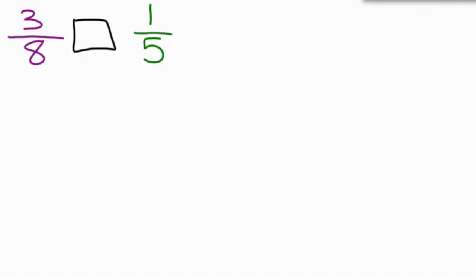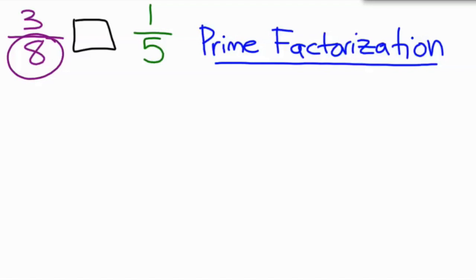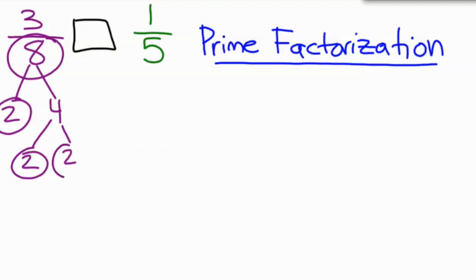In this strategy, we are searching for a common denominator through the process of prime factorization. Prime factorization is quite an intimidating name, but it can help us to find a common denominator for our 2 fractions. First, we ask ourselves, what are 2 factors of 8? Well, 2 factors of 8 are 2 and 4. 2 is a prime number, so we'll circle that. And the 2 factors of 4 are 2 and 2, and both of those are prime.